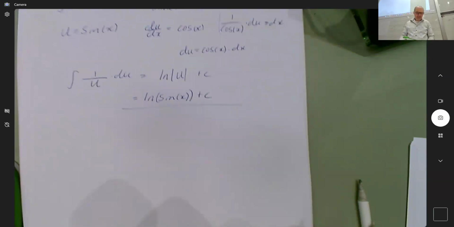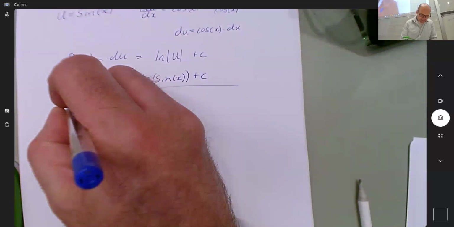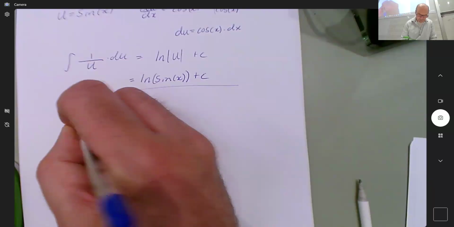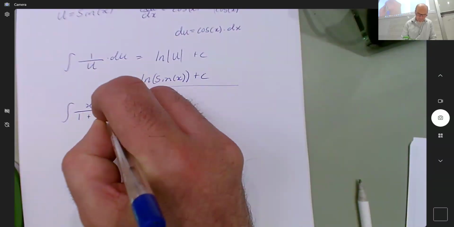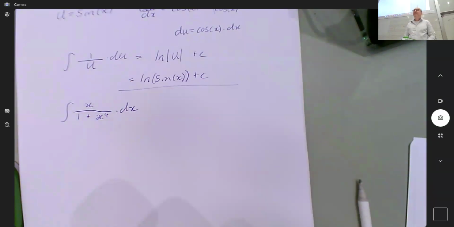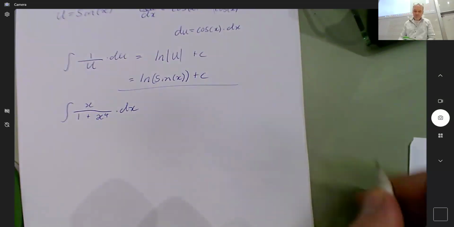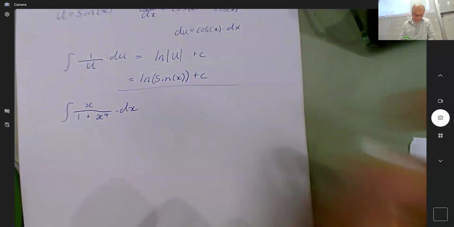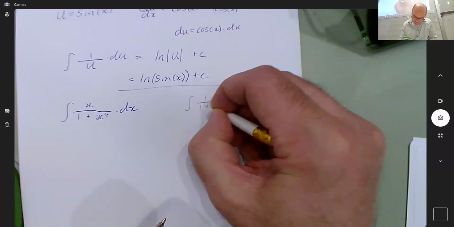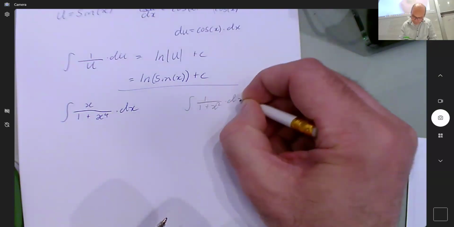There was one in the book, this one: x on 1 plus x to the 4. All right. This breaks my rule. So it helps to know the integral of 1 on 1 plus x squared.